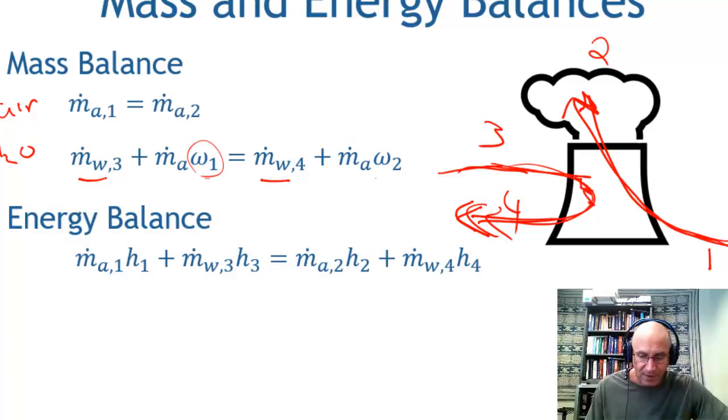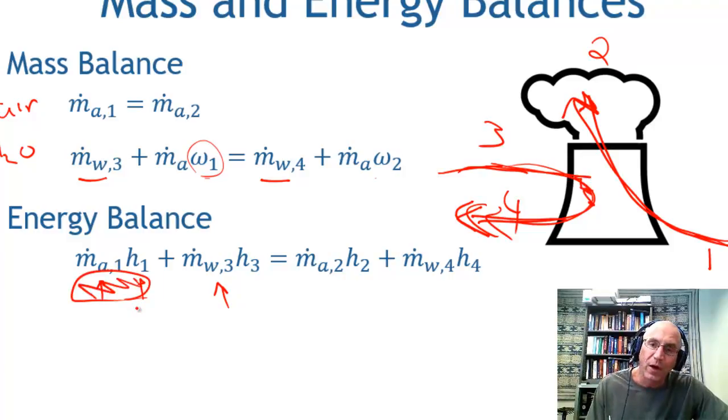If we do the energy balance, it's pretty simple. We've got our mass flow rates times our enthalpy. So on the left hand side we have in, so mass flow rate of air times the enthalpy of that, and then the mass flow rate of water times its enthalpy. Now a couple things: since this first term is an air-water mixture, we can get our enthalpy if we have two other variables like maybe the humidity ratio and temperature.